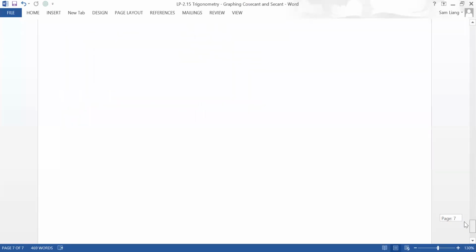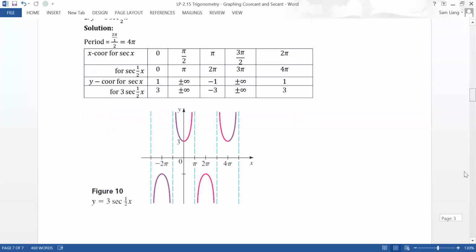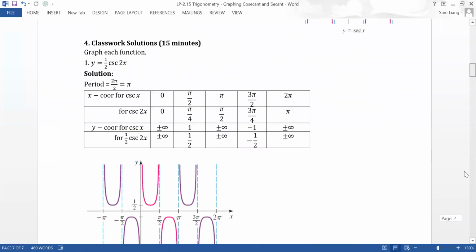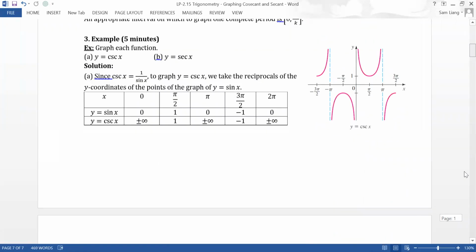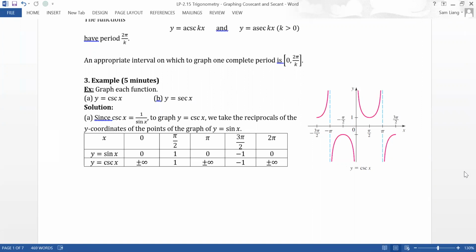All right, so cosecant and secant. To graph cosecant and secant, we're going to use the fact that they are the reciprocal functions of sine and cosine respectively. So cosecant being the reciprocal of sine, we're going to take the reciprocals of the y-coordinates of the sine graph. Here's my table, 0 to 2 pi, and here are the y-coordinates for sine.